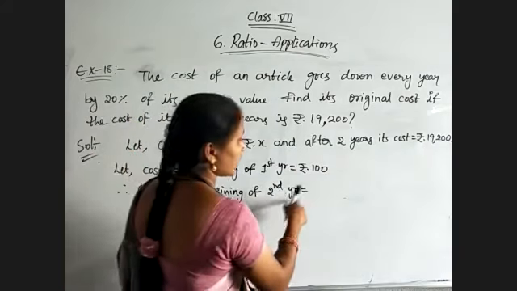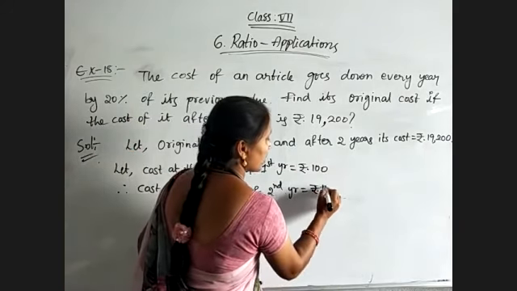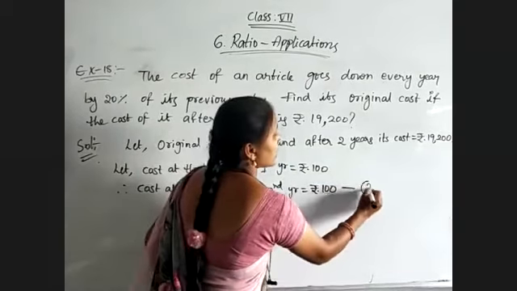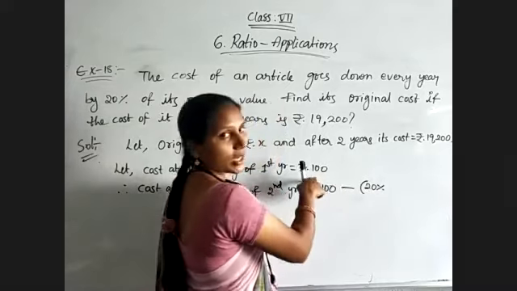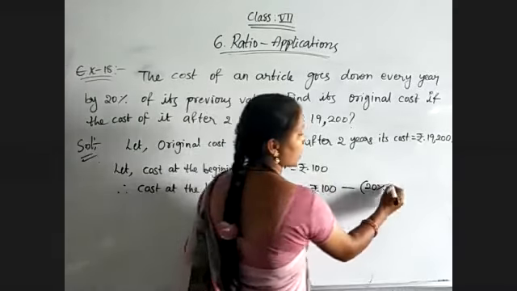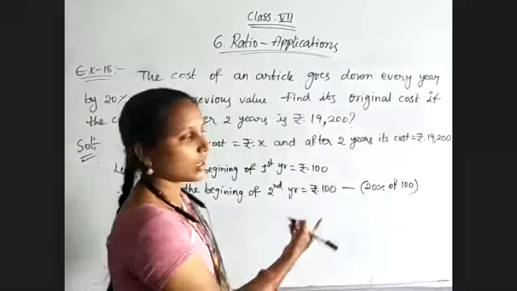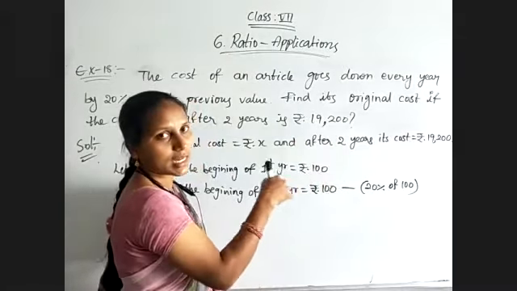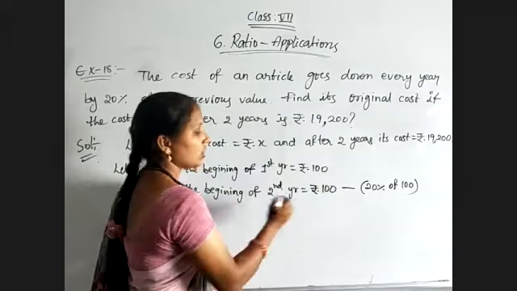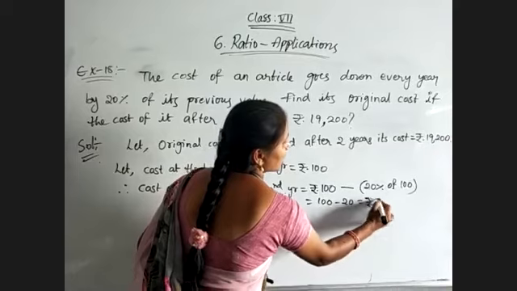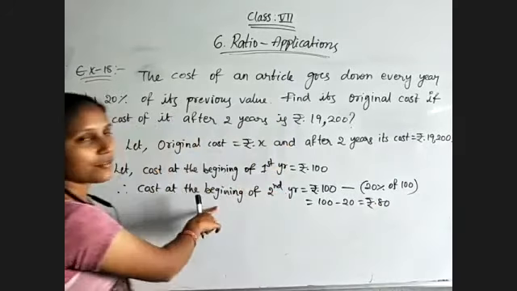So for the second year, the value 100 goes down by 20% of its previous value. 20% of 100 is 20 only: 20 by 100 into 100, the 100 gets cancelled and 20 remains. So 100 minus 20 is 80 rupees, which is the cost at the beginning of the second year.